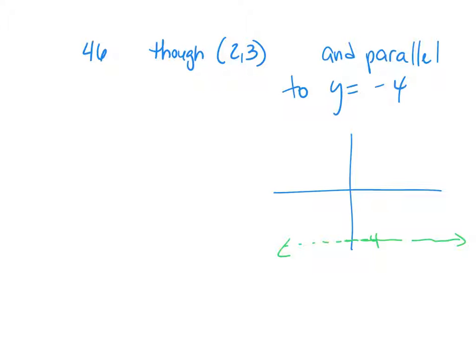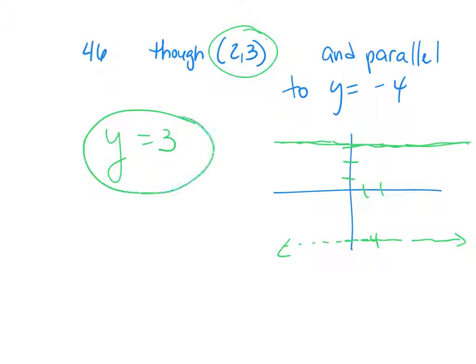So if it's parallel to that, and it goes through point 2, 3, it's right here. That line there is going to be y equals 3. That's why the answer is y equals 3. If it's parallel to an x equals number, then it would have been x equals 2. But since the y of that point is 3, it's y equals 3.